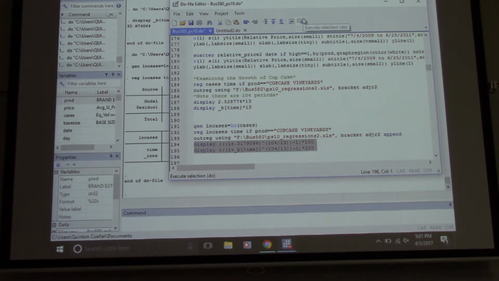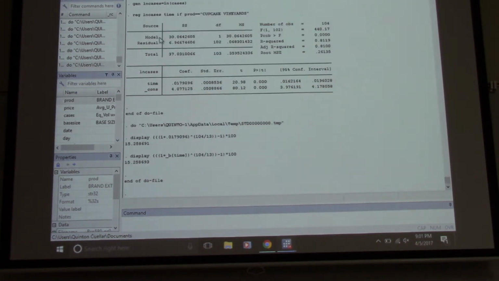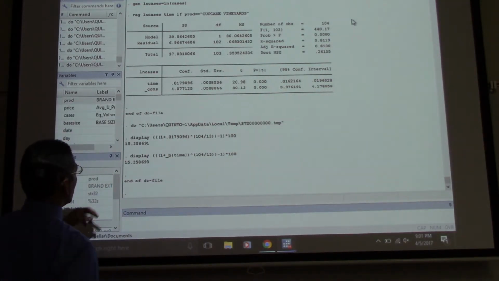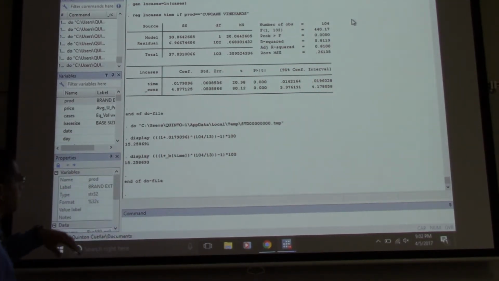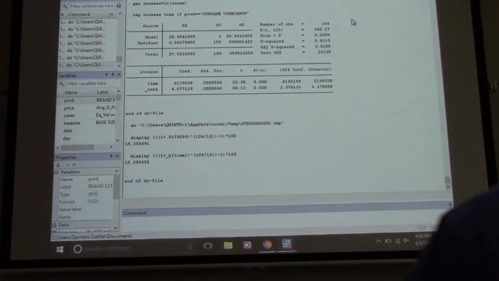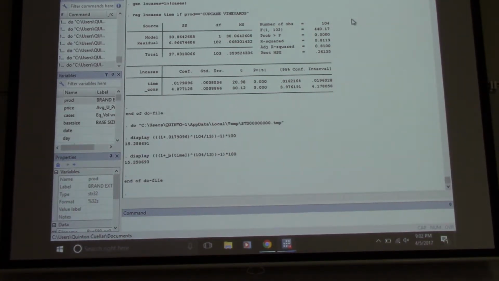That would be cool. Okay, so this must be four-week periods because it's by 13. So on annual, it's 15%, 15.25. That's a pretty good growth rate.